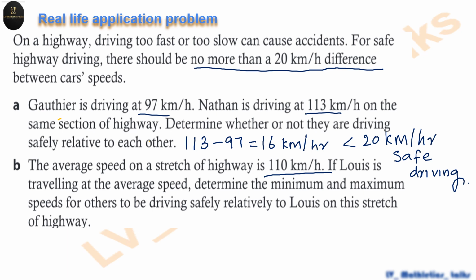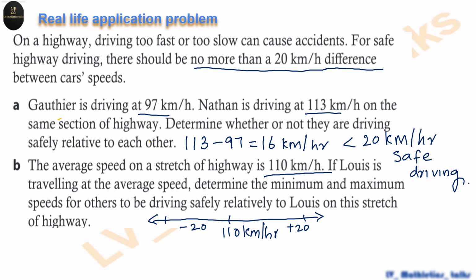Okay. So if you plot this, let us consider 110 is the average speed of this particular person. Any other person who is traveling with him, if the difference of the speed is within 20, so it is minus 20 or plus 20, we can say it is safe travel, right?